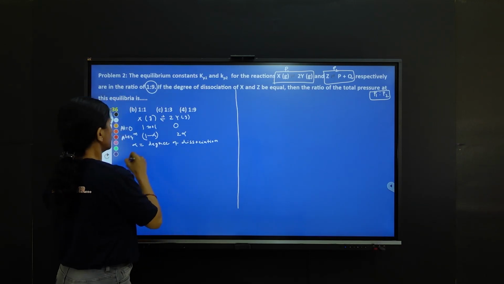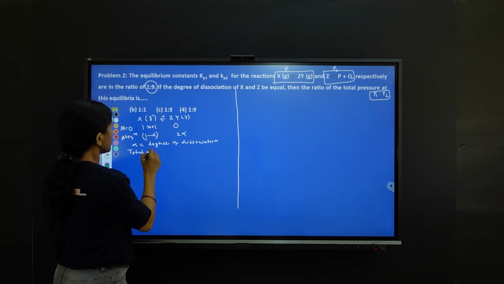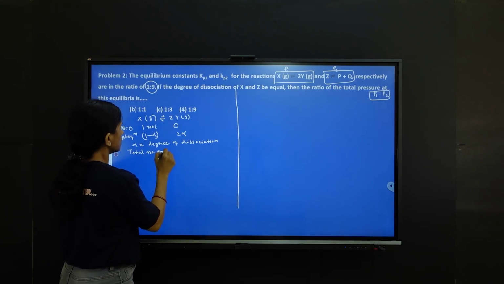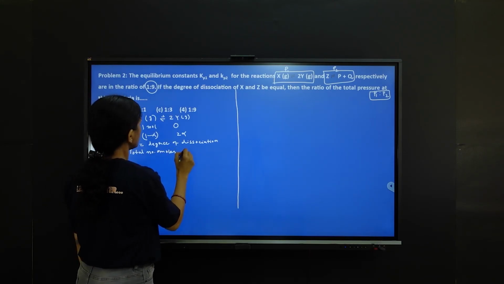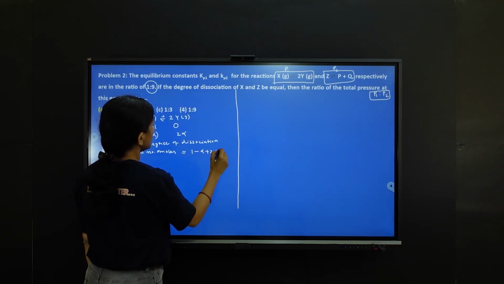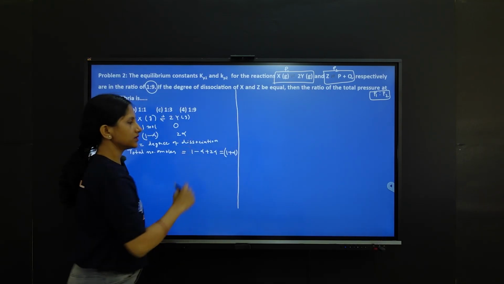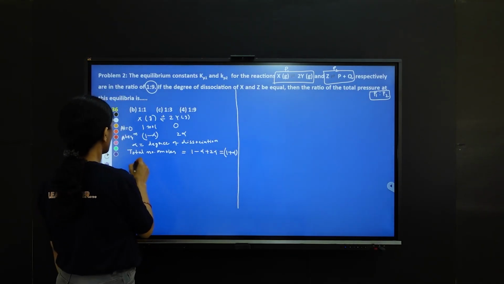Right. So from here we can easily calculate the total number of moles, which is equal to 1 minus alpha plus 2 alpha, which is equal to 1 plus alpha. This is the total number of moles for the equation.